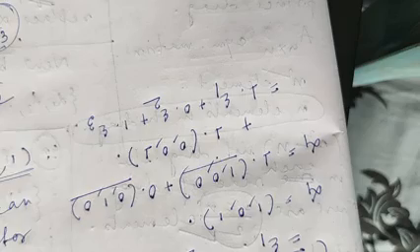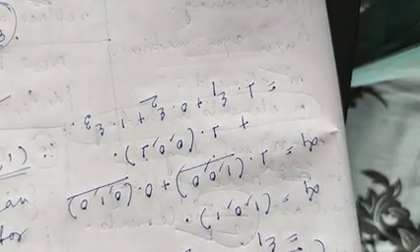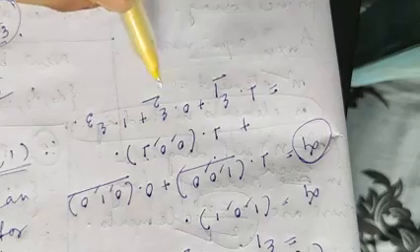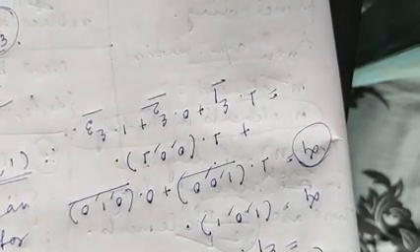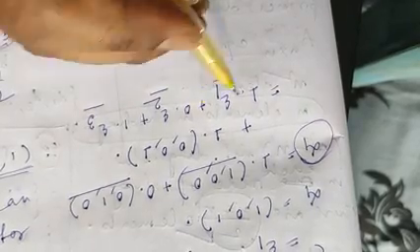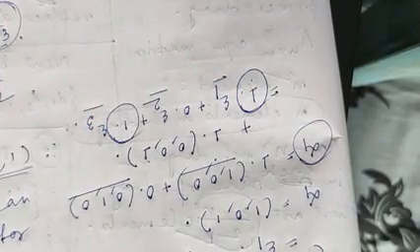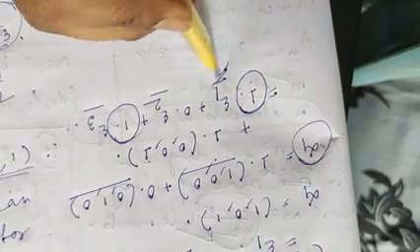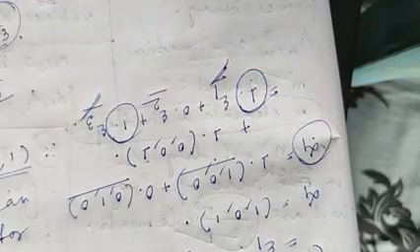Now if we want to apply the replacement theorem, it states that alpha 1 can replace epsilon 1, epsilon 2 or epsilon 3 if the corresponding coefficient is non-zero. Here the non-zero coefficients are this one and this one. So we can replace epsilon 1 by alpha 1, or we can replace epsilon 3 by alpha 1.